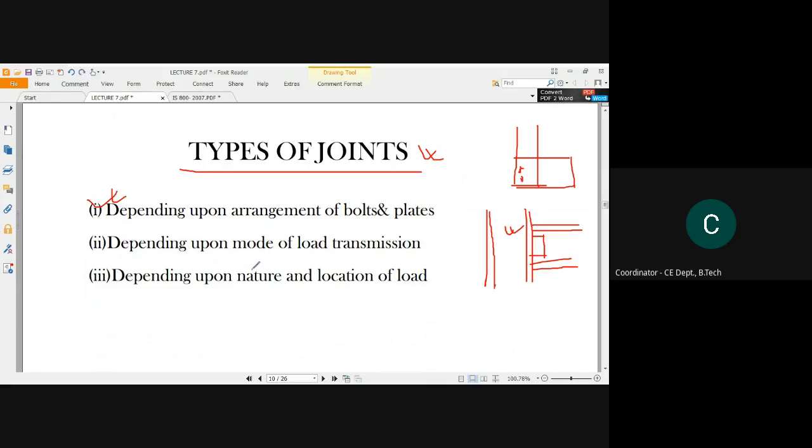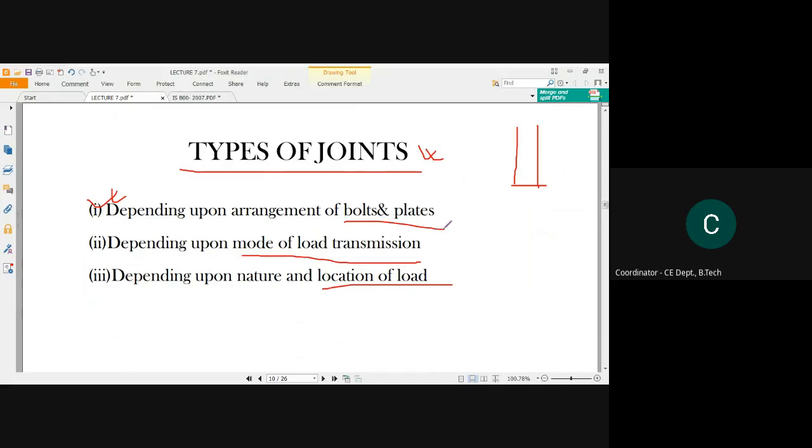And the other type of joint we can observe is by load transmission. So as per the mode of load transmission, the types of joint can vary. Next, depending upon the nature and location of the load. So these are very important things to understand before classifying the joints.